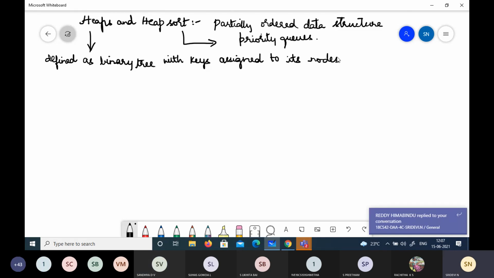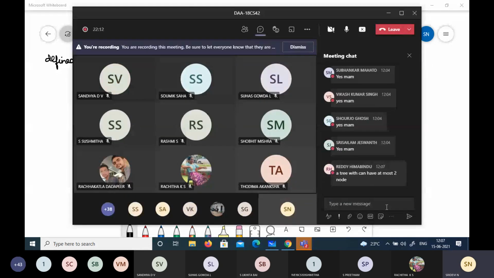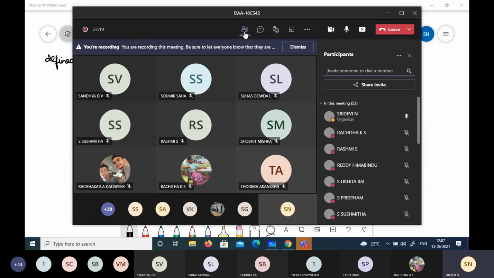Himabindu replied that it is a tree with at most 2 nodes. That's true, and it doesn't mean that it should have 2 nodes. It can have 0 also, 1 or 2. Maximum will be 2. So that's what at most means.